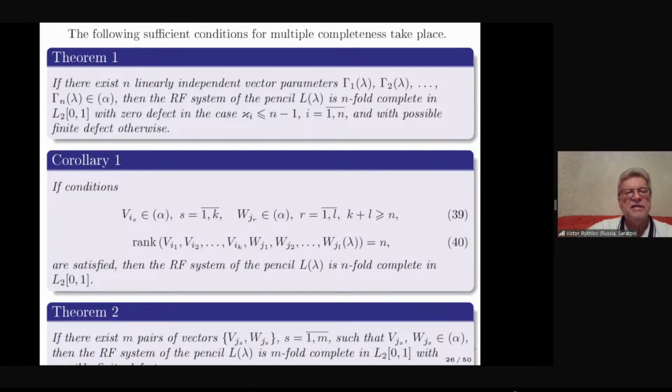If there exist n linearly independent vector parameters gamma 1 of lambda, gamma 2 of lambda, and so on, gamma n of lambda from alpha, then the root function system of the pencil L of lambda is n-fold complete in L2(0,1) with zero defect in the case kappa i less than or equal to n minus 1, i from 1 to n, and with possible finite defect otherwise.